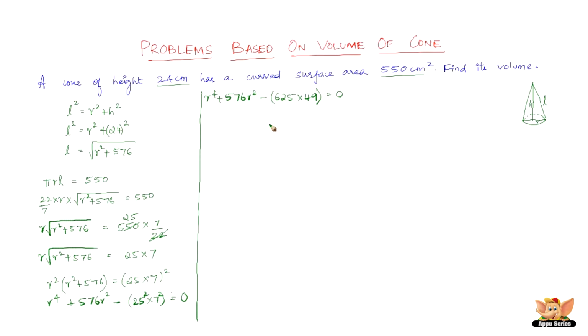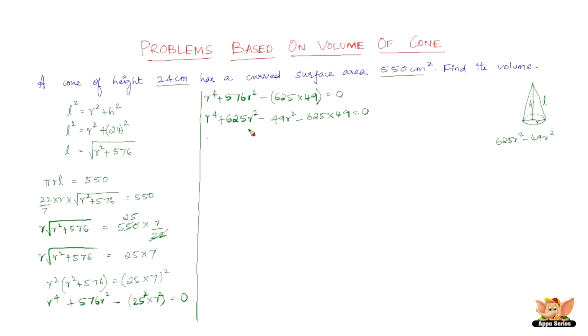So now we have r to the power of 4 plus, now we can write 576 r square as 625 r square minus 49 r square, since 625 r square minus 49 r square is 576 r square. So r to the power of 4 plus 625 r square minus 49 r square minus 625 into 49 equal to 0.